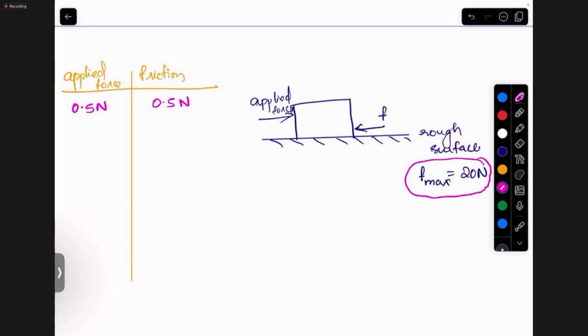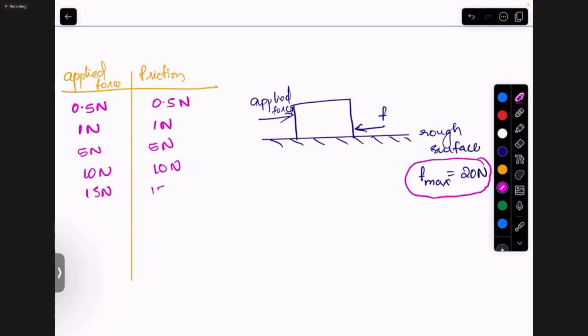Similarly, if I give 1 Newton, friction will also provide 1 Newton to counter the motion. Then 5 Newton you give, friction will also contribute 5 Newton. Likewise, you can go up to 10 Newton, 15 Newton.